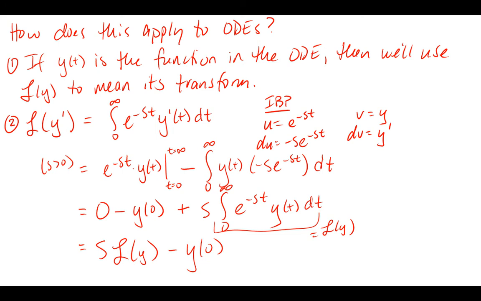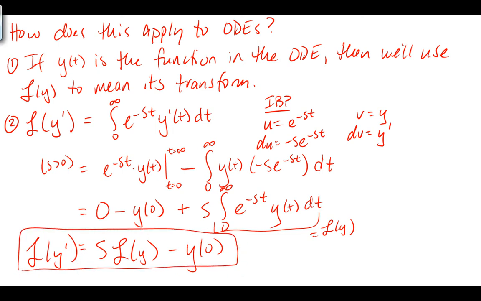Okay? So, let me repeat this at the bottom here. That's a good one to know, since we're heading towards using this for ODEs. And similarly, I'll just jot down one last thing and then we'll stop here. If you do the Laplace of y double prime, you get something similar. It's a little longer, but I'll jot it down here for you.